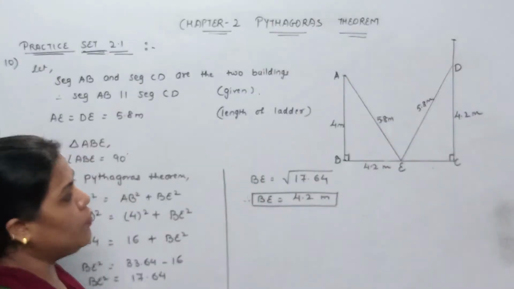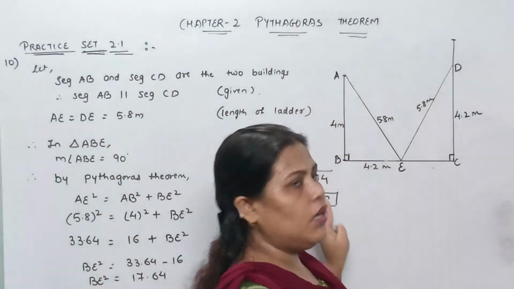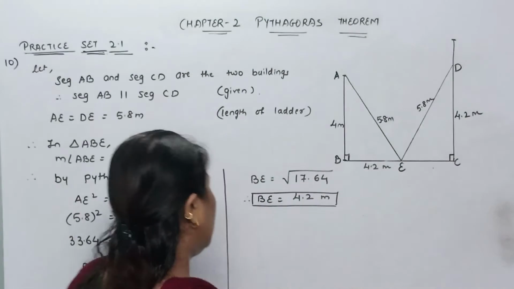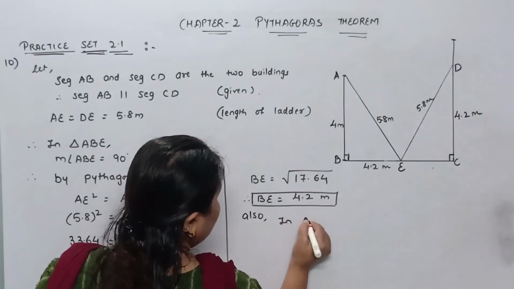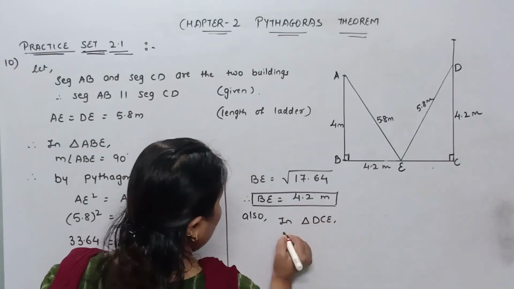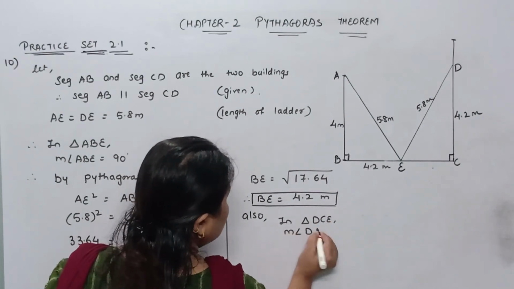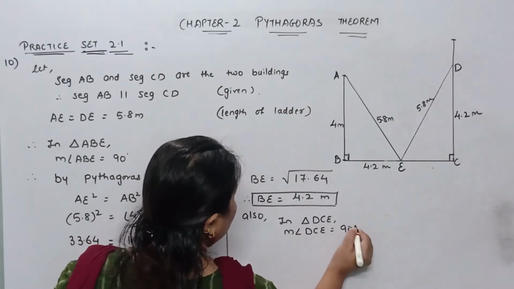Same way we are going to calculate for DCE by applying Pythagoras theorem. So write down. Also in triangle DCE, measure angle DCE equals 90 degree.